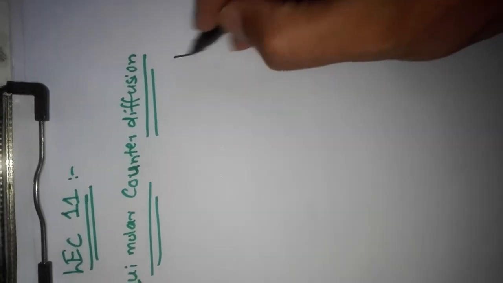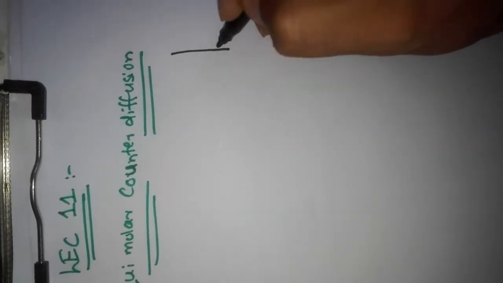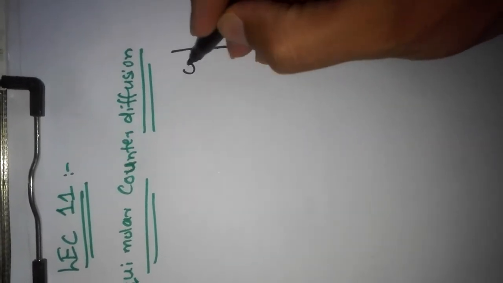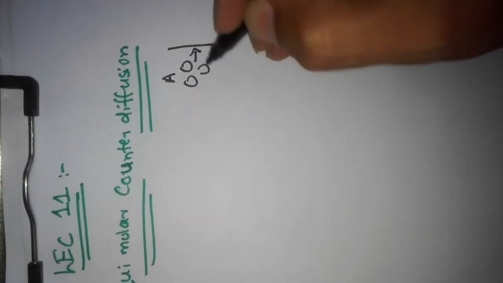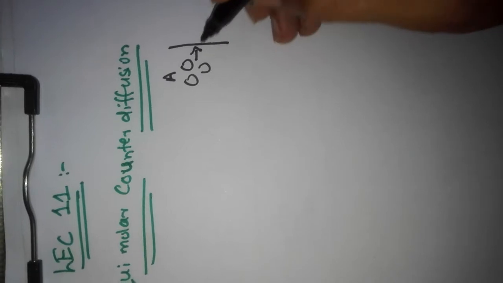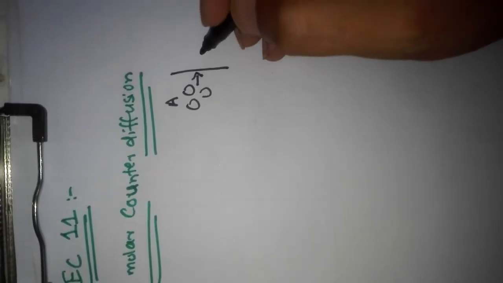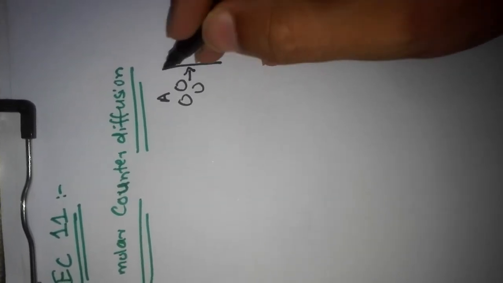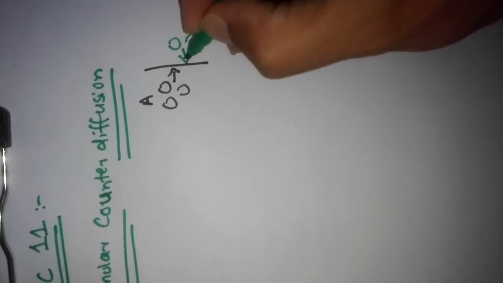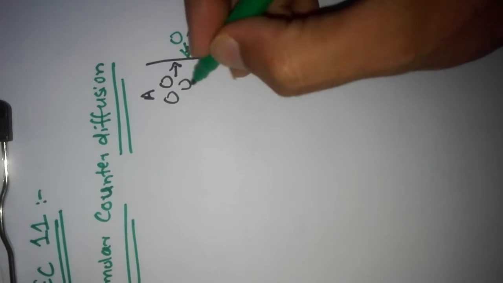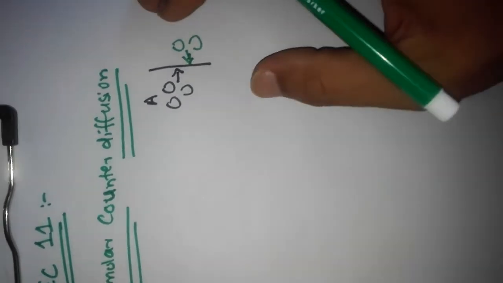Let us consider there is a wall having area A and there is gas A on one side. Suppose 3 moles of A are diffusing per unit area in 1 second, and similarly there is another gas on the right hand side, and 2 moles of gas B are diffusing from right side to left side through the wall in 1 second.